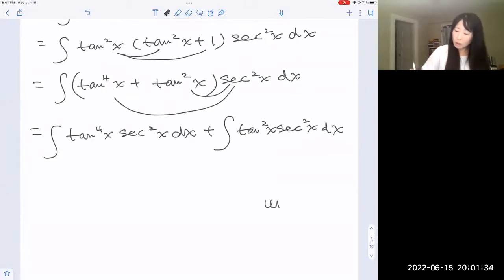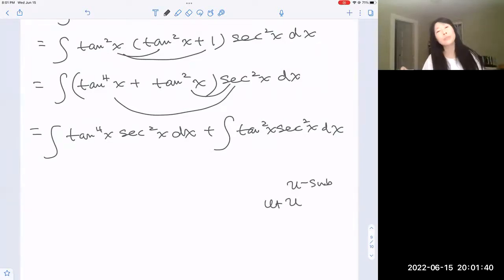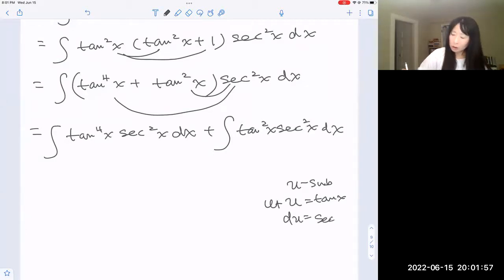Let us use u-substitution. What do you want to set up as u? Tangent, excellent. Tangent x, then du will be secant square x dx. Good. Okay.